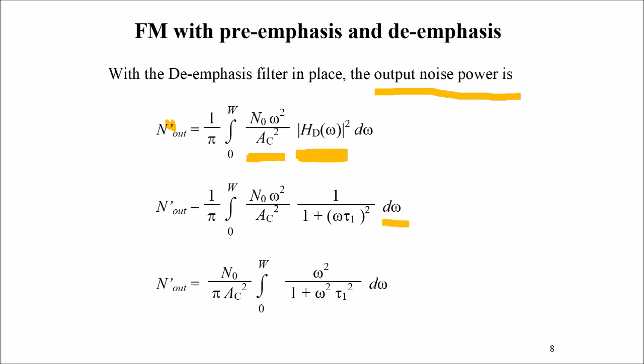Let's see, this brings out everything that's not a function of omega. Integral from 0 to W of omega squared divided by 1 plus omega squared tau 1 squared d omega.